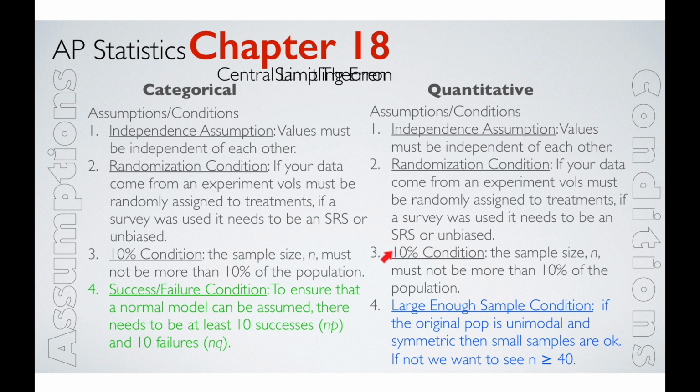10%. If we go back to independence, these two are connected. If I'm sampling without replacement, then I'm not truly getting independence, but we get permission to use the sample even then, as long as I stay underneath 10% of the population.